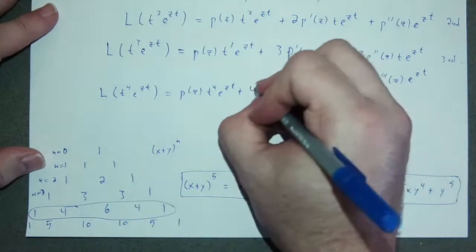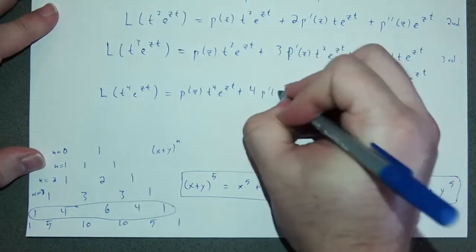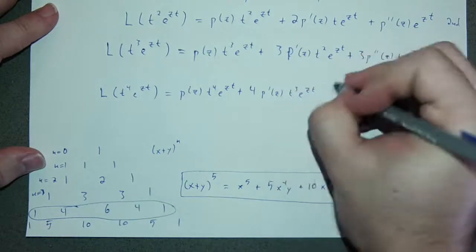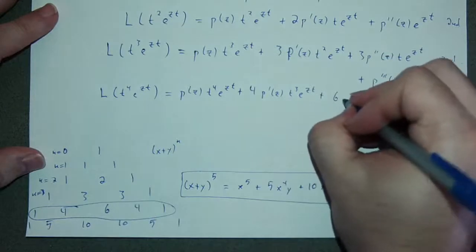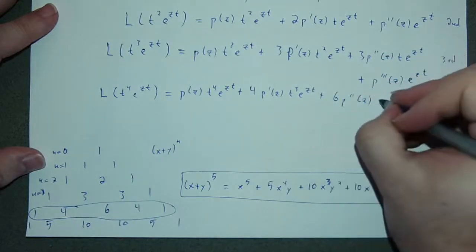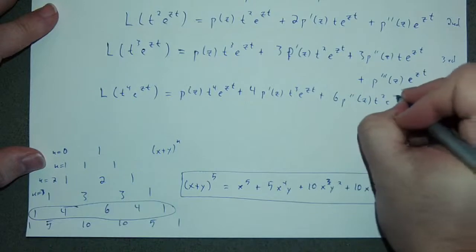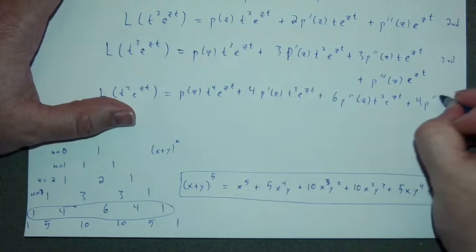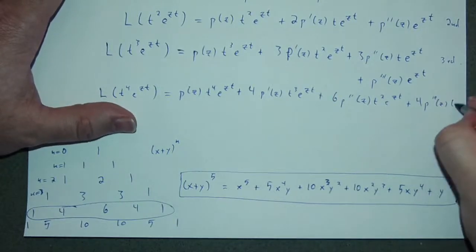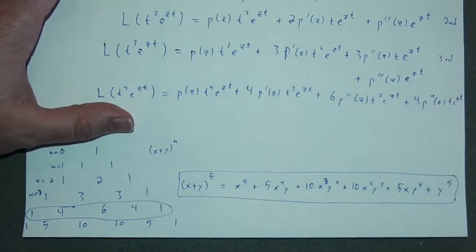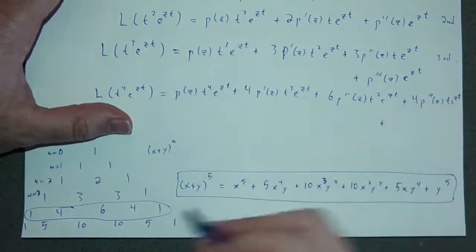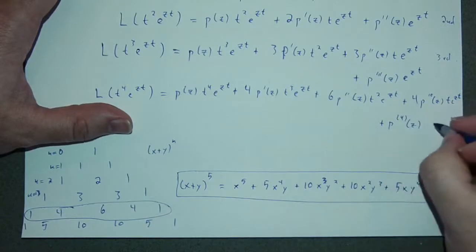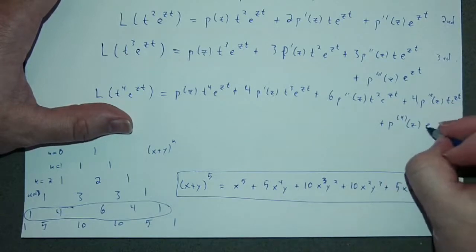So this is plus 4 p prime of z t cubed e to the zt plus 6 p double prime of z t squared e to the zt plus 4 p triple prime of z t e to the zt plus 1 times p quadruple prime, so the 4th derivative of p, times t to the 0 e to the zt.